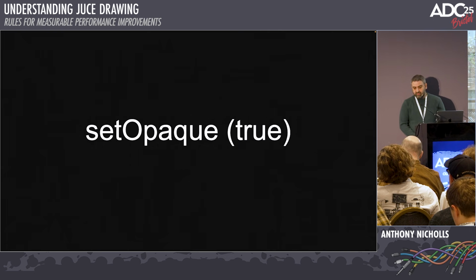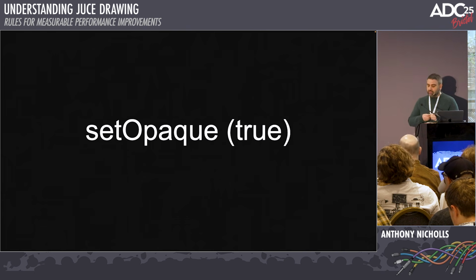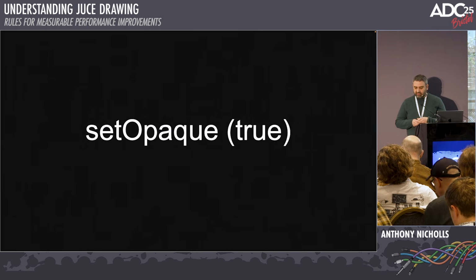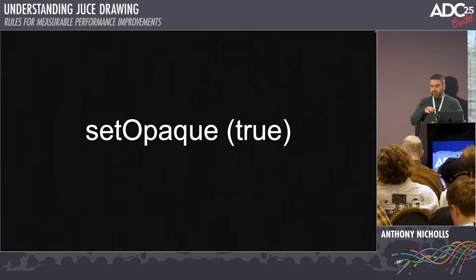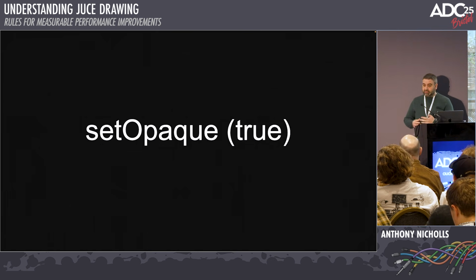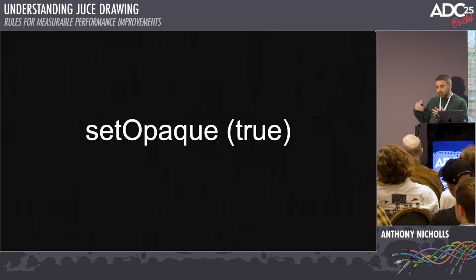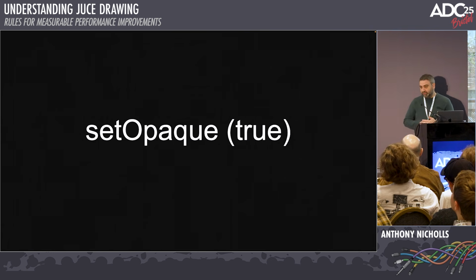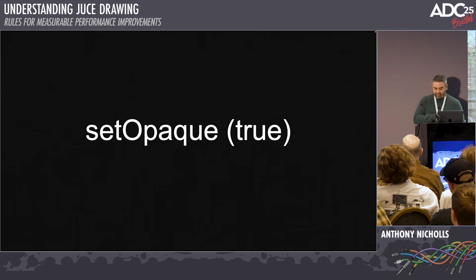And the reason was that JUCE by default would, for every component, go and look at all the children components and the sibling components to find if any of them were opaque and then cover the particular component. That can be quite expensive when you've got a lot of components, which is why setPaintingIsUnclipped was so useful before, because it actually stopped those checks. So it meant you never got the benefit of the setOpaque when you were using setPaintingIsUnclipped.